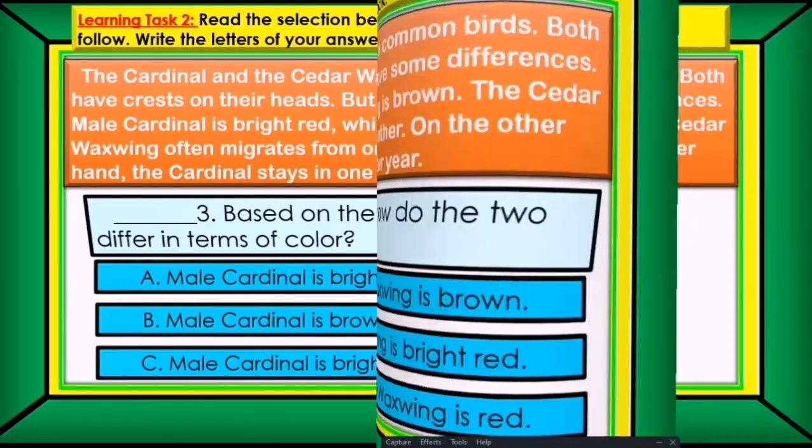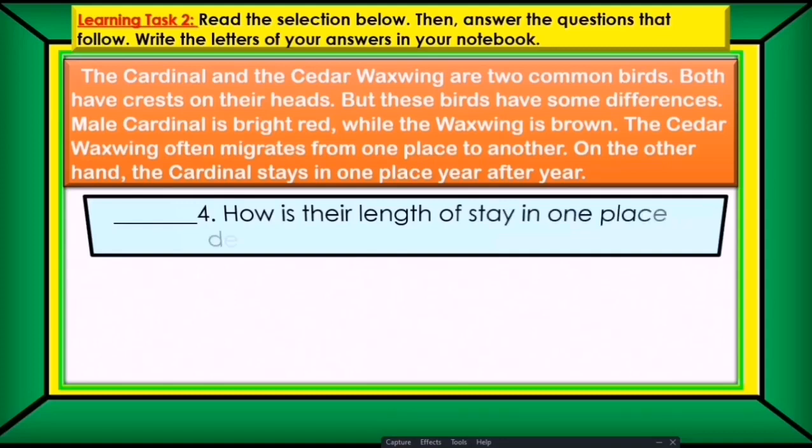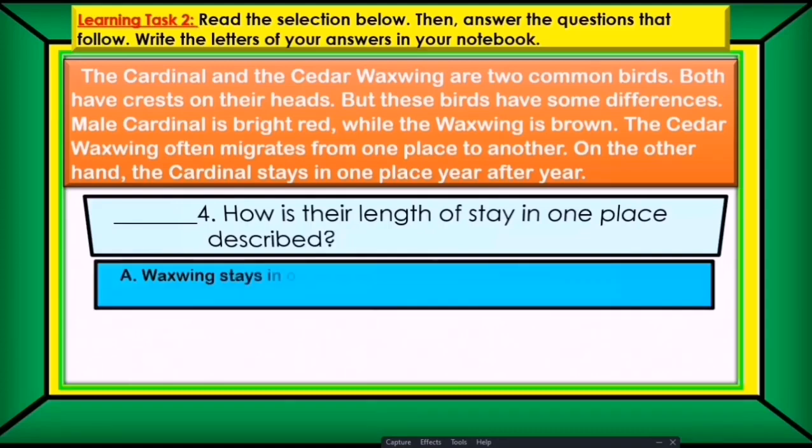Okay, good. For the last question, how is their length of stay in one place described? A. Waxwing stays in one place year after year, while cardinal migrates from one place to another.